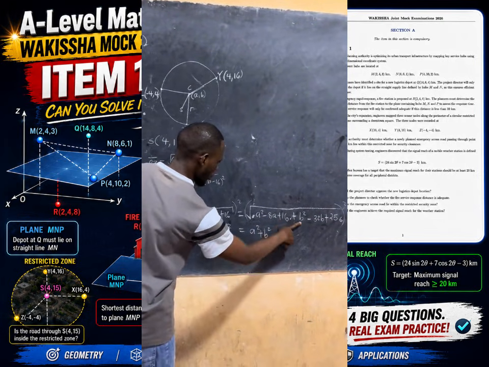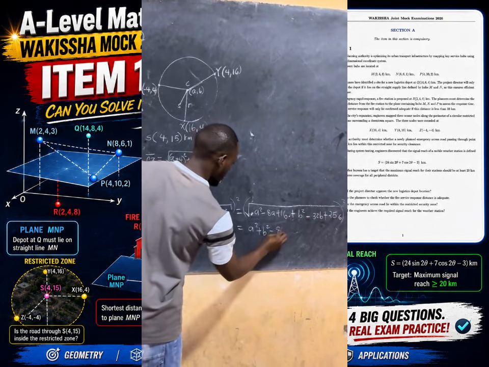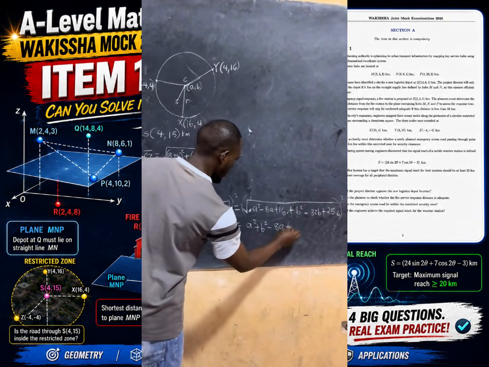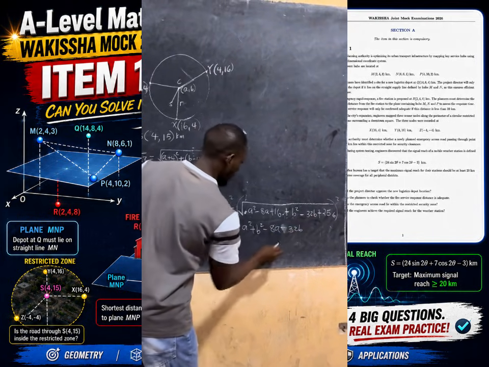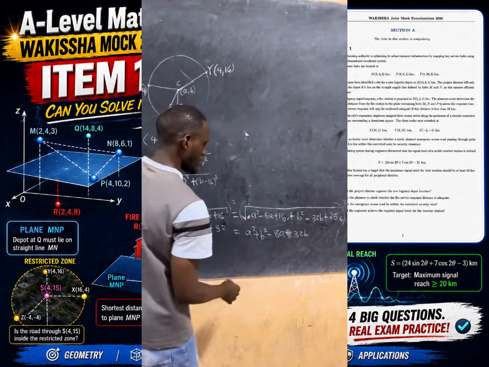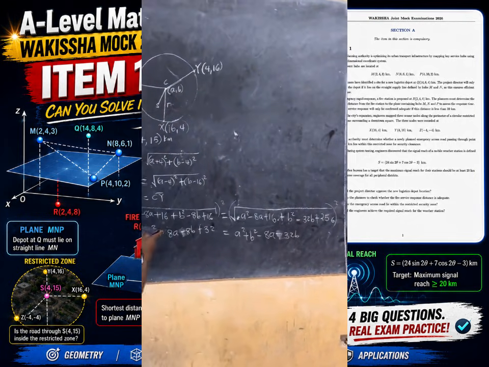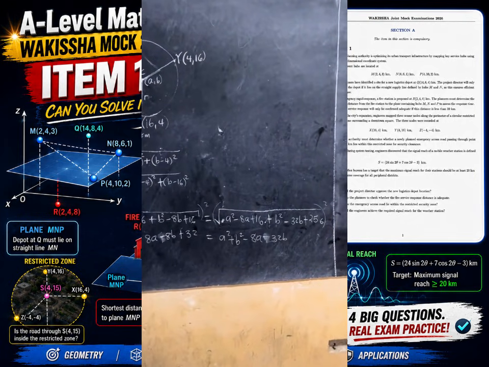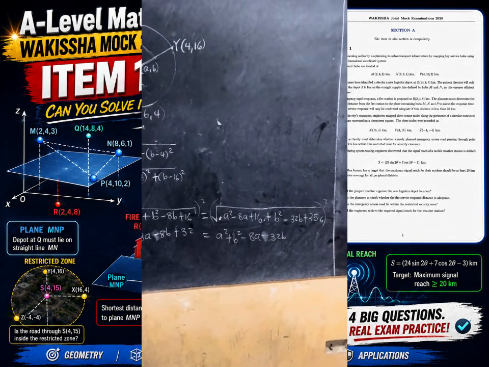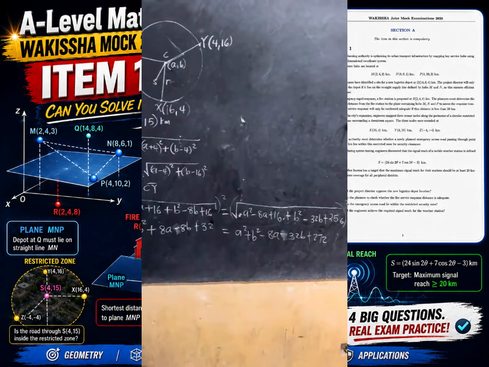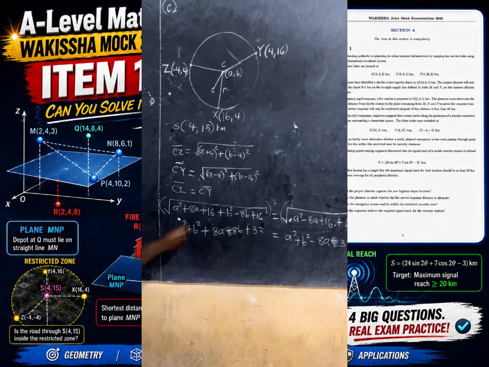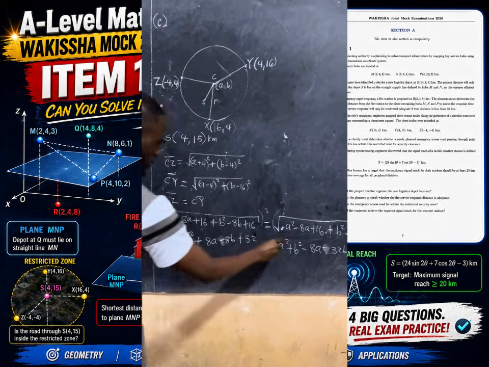is equal to a squared plus b squared, then a negative 8a minus 32b, then 16 plus 256 will give me 272. Then the a squared and b squared will cancel.